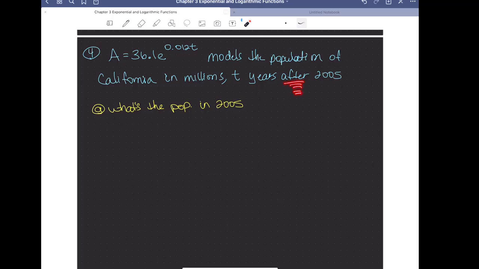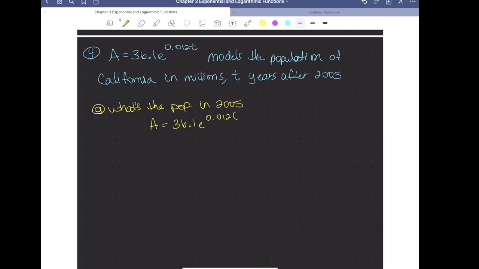So if I want to figure out the population in 2005, A is my population, 36.1 times e to the 0.012 t. What am I going to put in for t? Anybody want to guess? 0.